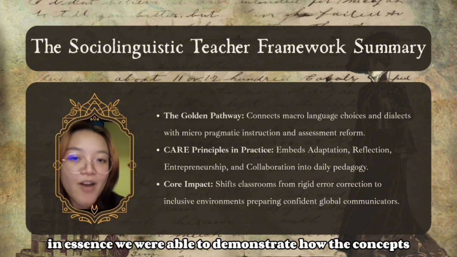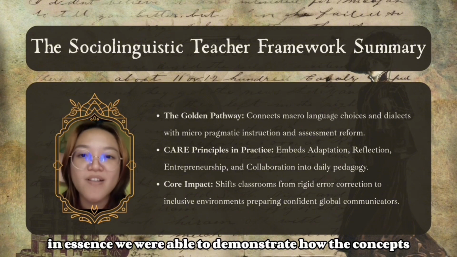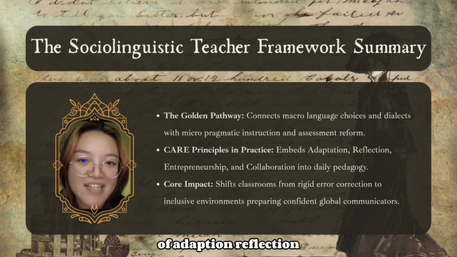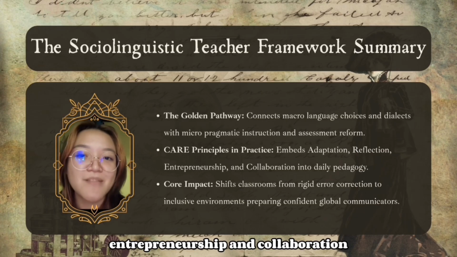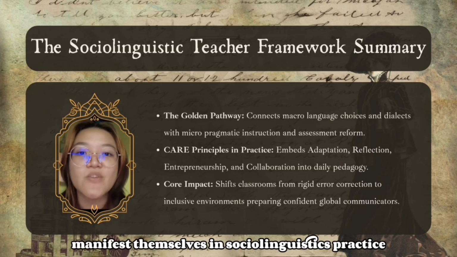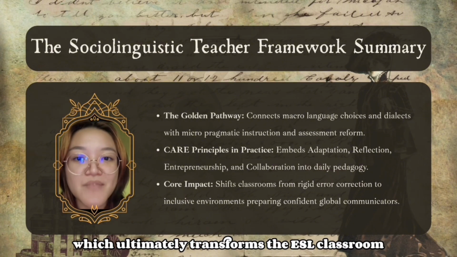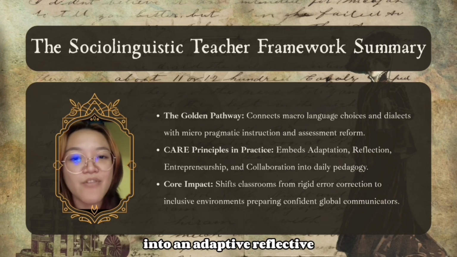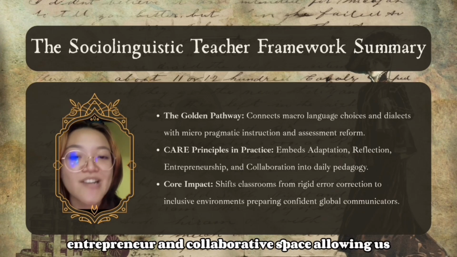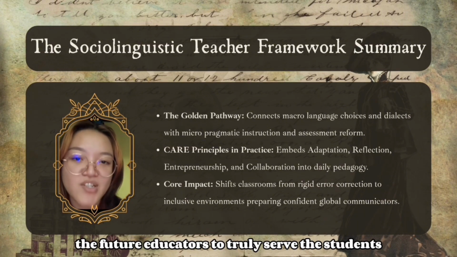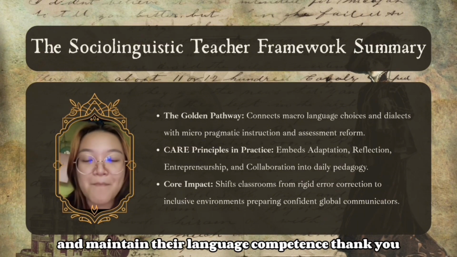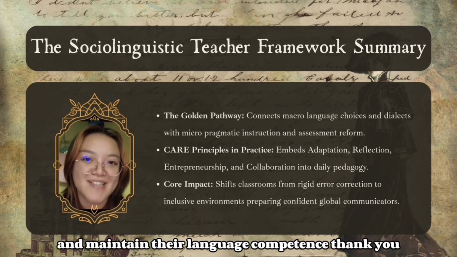In essence, we were able to demonstrate how the concepts of adaptation, reflection, entrepreneurship, and collaboration manifest themselves in sociolinguistic practice, the latter of which is sociolinguistic competence, which ultimately transforms the ESL classroom into an adaptive, reflective, entrepreneurial, and collaborative space, allowing us, the future educators, to truly serve the students and maintain their language competence. Thank you.